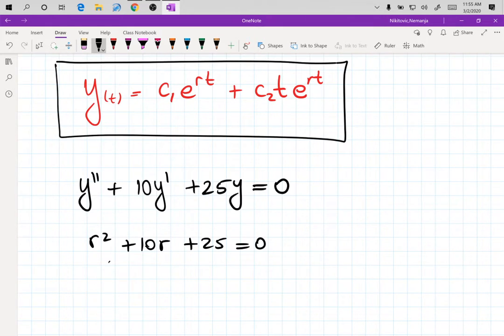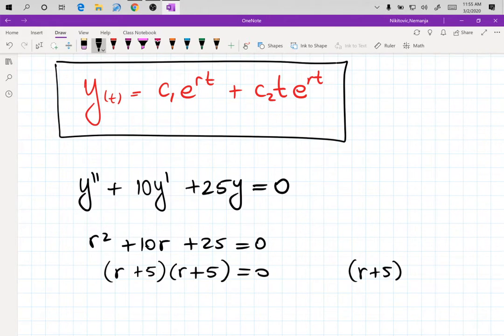Now we factor this as r plus 5 times another r plus 5 equals 0. If you are not seeing the r plus 5 squared, then, right? Is that kind of like how it works with partial fractions? Yes, with an irreducible.